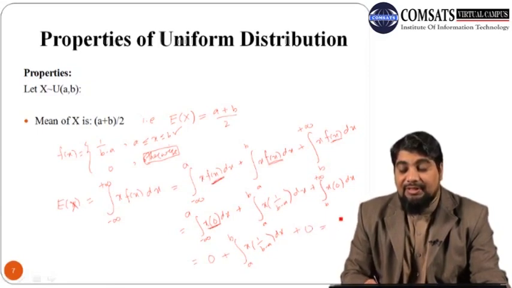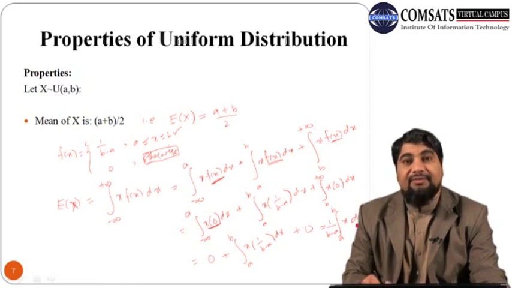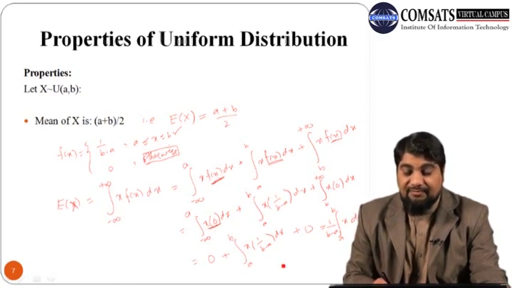So the simplified integral is from a to b. Since 1 over b minus a is a constant, it can be taken outside the integral. So we are left with only the integral from a to b of x dx. Now we have to integrate this x.